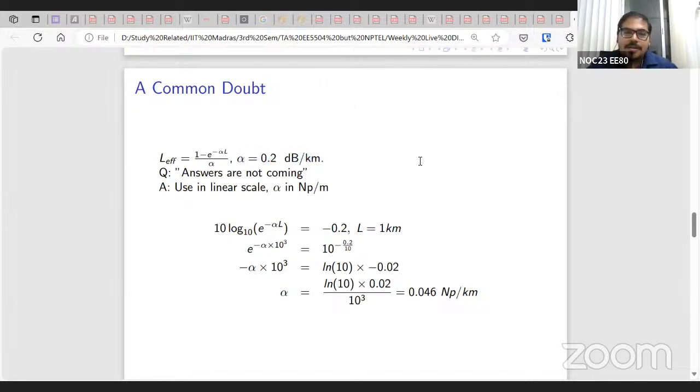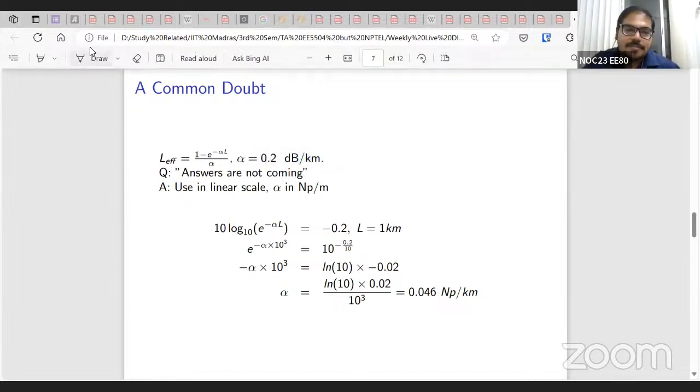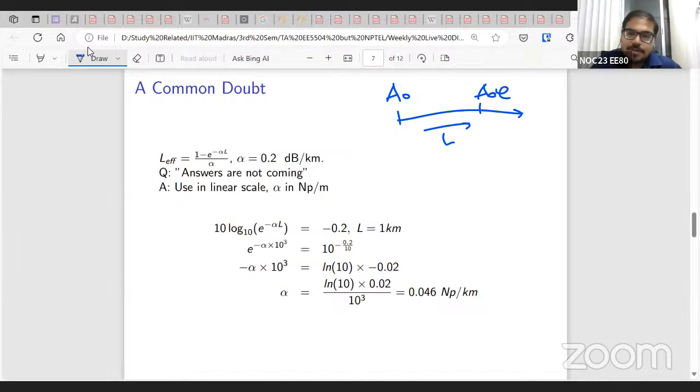So how does a wave attenuate over some distance? If we started with amplitude A0, after some distance L, you will have amplitude A0 e to the power minus alpha L.